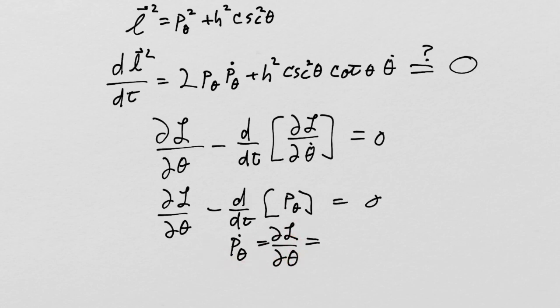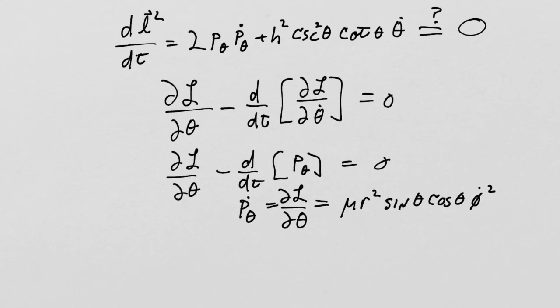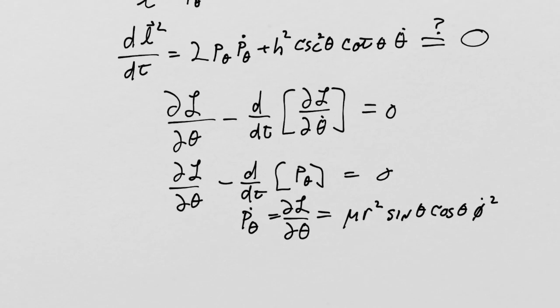So I get this expression, which, to complete that equal sign, is mu r squared sine theta cosine theta phi dot squared. And so what I'm ultimately trying to do is recreate this statement based on the Euler-Lagrange equation.